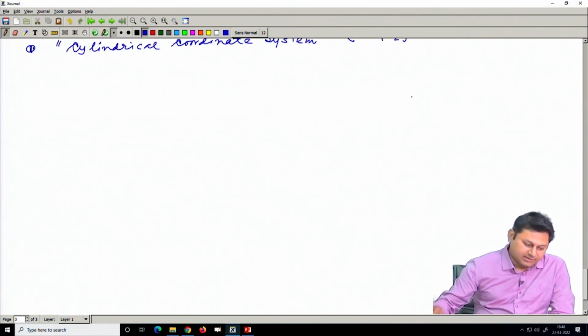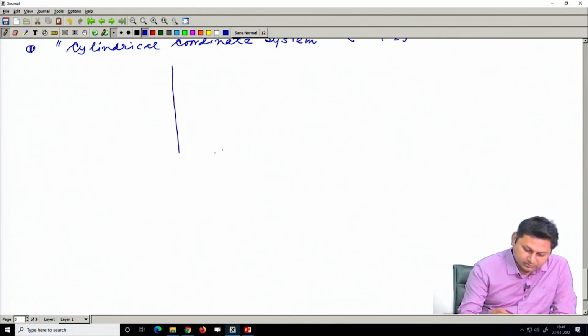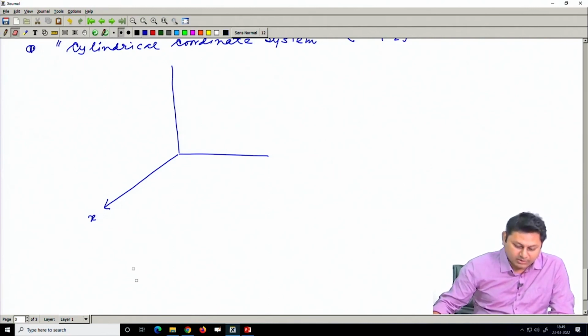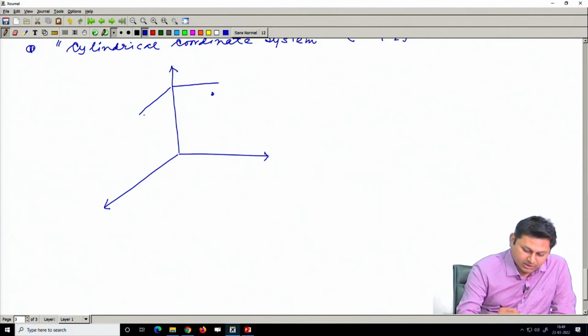In the rho phi z coordinate system, if I want to define a point, I have x here, not x, we are not dealing with x y z now, so I should not write it, rather I just make it like this. A point here should be like over a cylinder, so I will have a cylindrical shape here first.